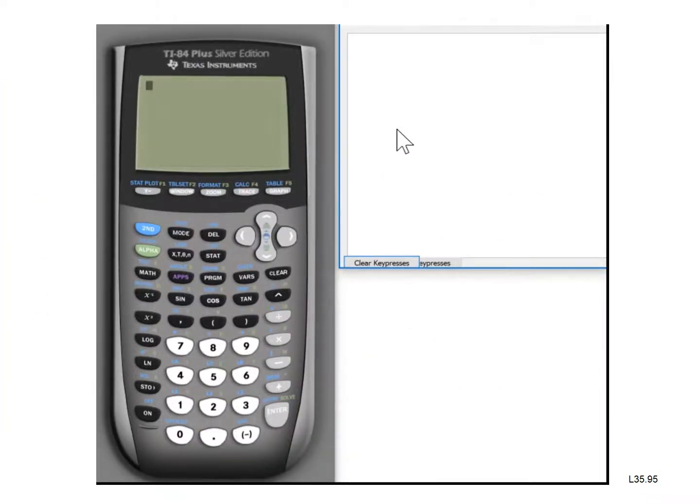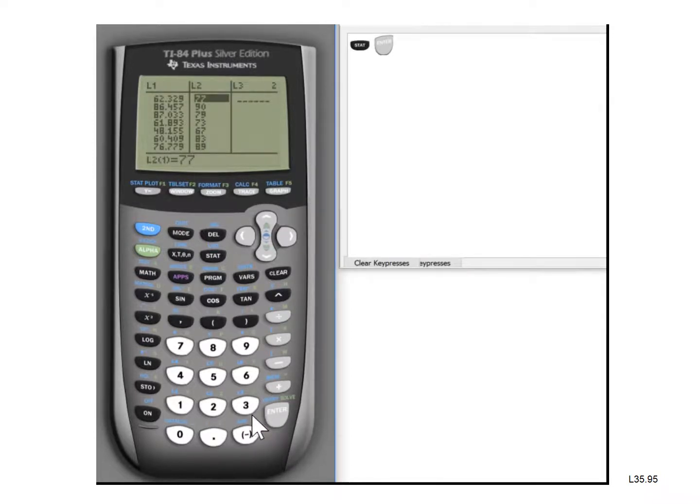Okay, so now let's do the same thing using our calculators. The first thing to do is to enter our x values and our y values into our L1 and L2. So I'm going to go to Stat and Edit. I've already punched those in, so you might want to go through and do the same. If you need to, pause the video and go back to the previous slide that had the data on it.